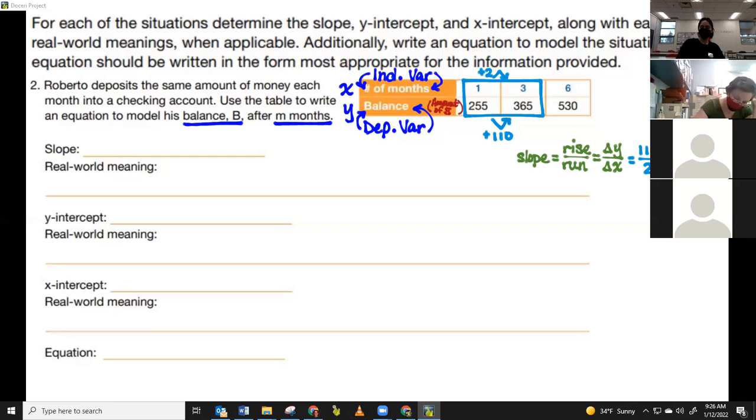Now I'm going to look at 2 more points. Let's look at these 2. From 365 to 530. Because remember, I want to look at the y's first. That's my rise. Bigger or smaller, and by how much? Bigger. How much did it get bigger by?